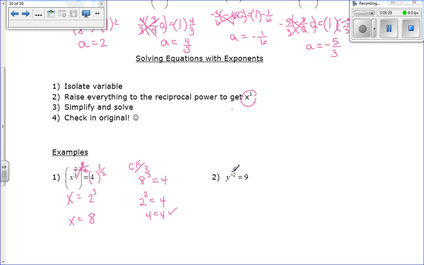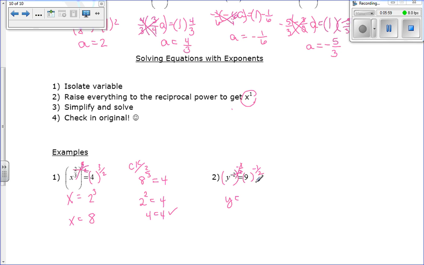Number 2, again, I have my variable all by itself. Negative 2 is my current power. My reciprocal power is negative 1/2. So I'm going to raise both sides to the negative 1/2 power. Negative 2 times negative 1/2, they cancel each other out. So y equals 9 to the negative 1/2.